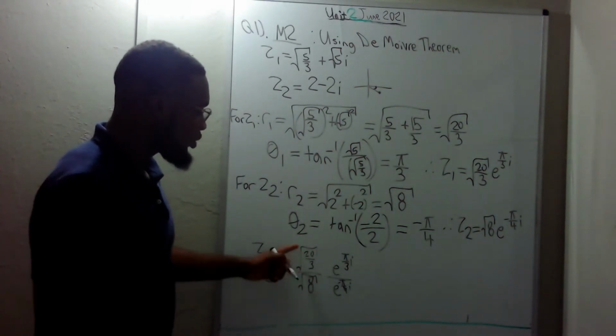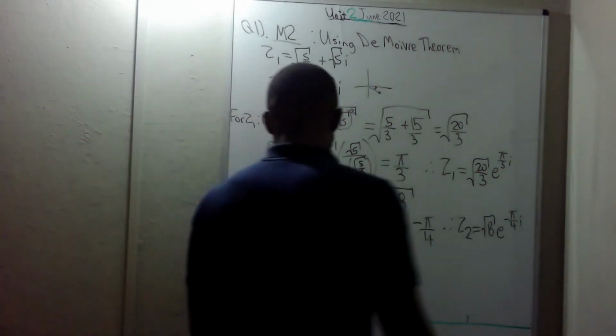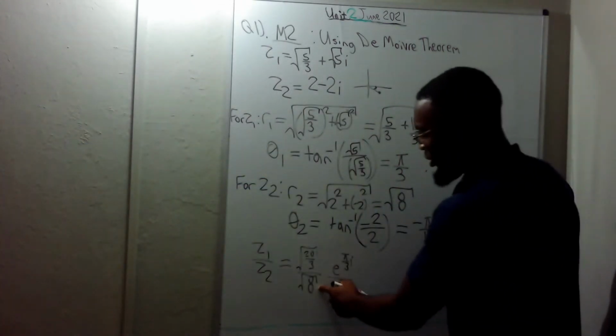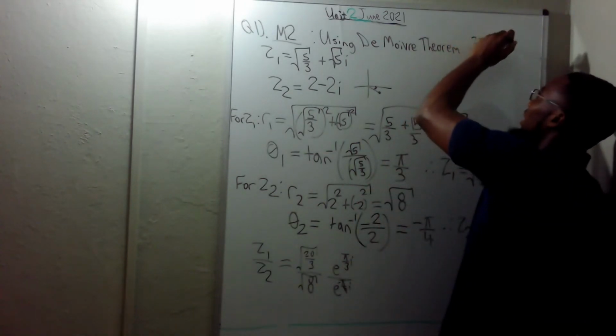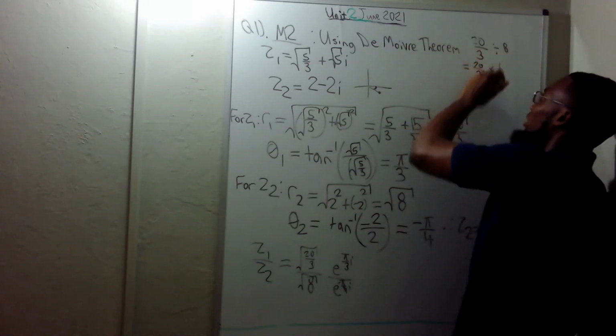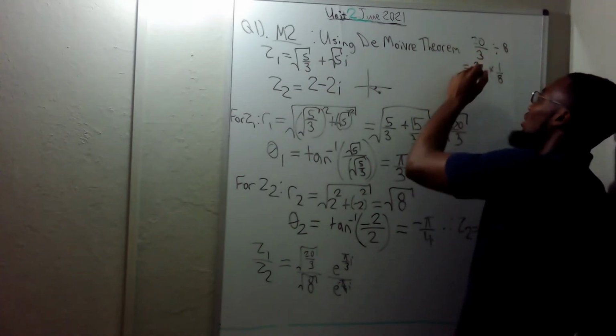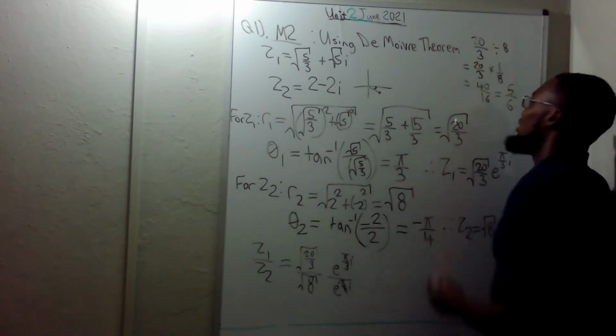To divide them, the square root of 20 over 3 divided by the square root of 8, you can just think of this as one big surd. So first thing, look at 20 over 3 divided by 8, which is 20 over 3 times 1 over 8.